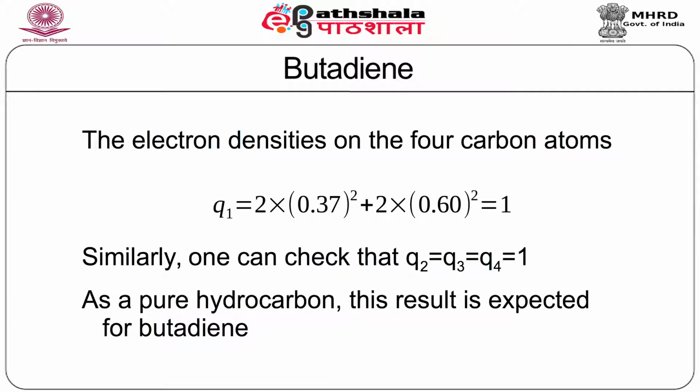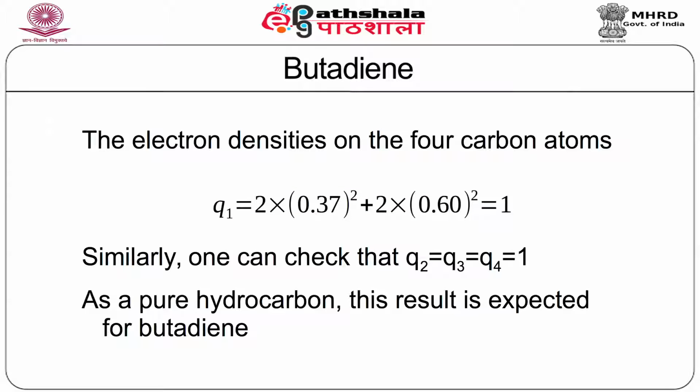The electron densities on the 4 carbon atoms can be calculated by the formula given previously. So Q1 comes out as 2 into 0.37 square plus 2 into 0.60 square, and that is equal to 1.